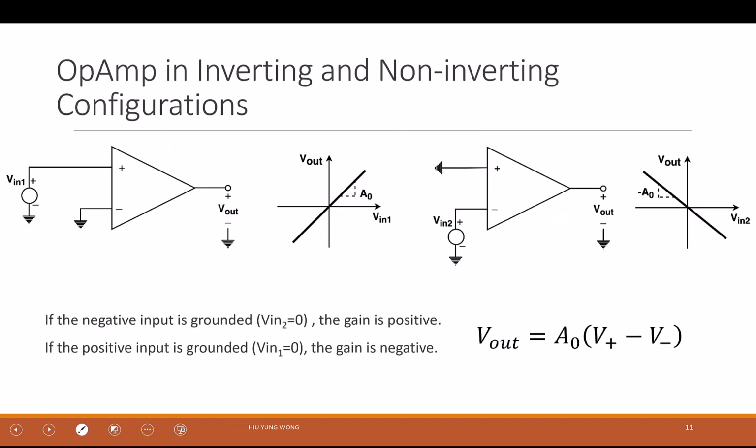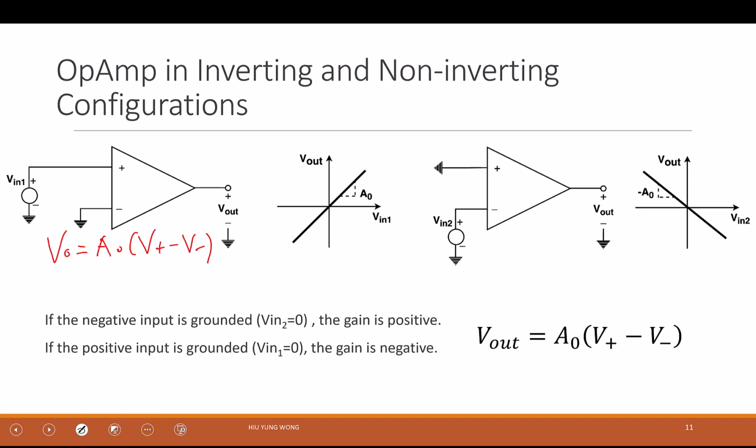Now, with this, I can start playing with my operational amplifier. This is the one we have. What can I do? Well, the first thing is, what if I ground the input? So here we know that V out equals A0 times V plus minus V minus, right? Sometimes when we do the equation, all you need to do is be careful. Write down everything.